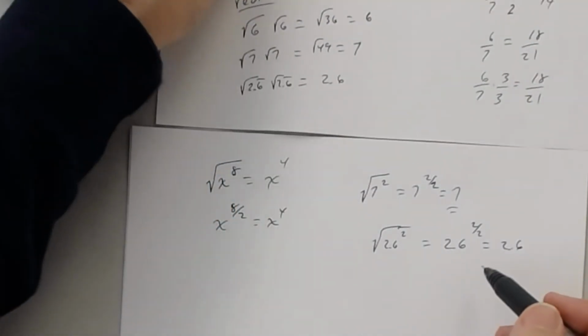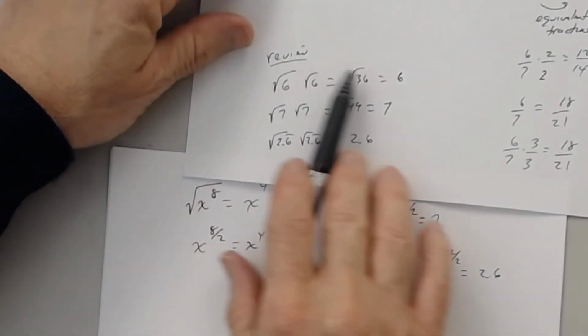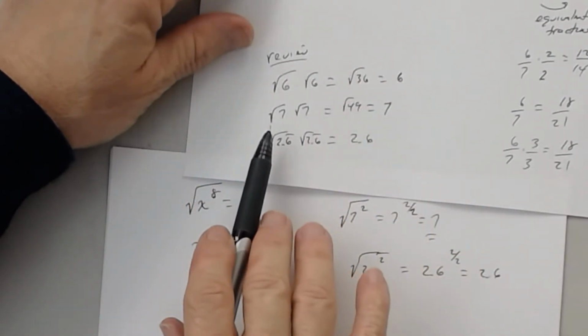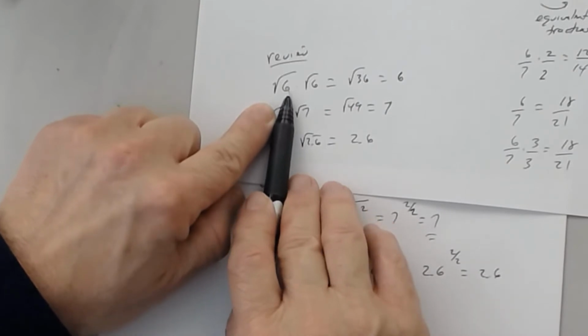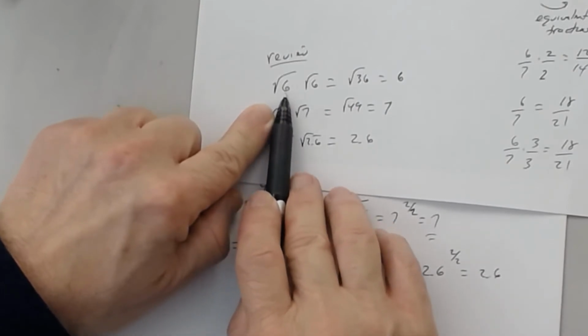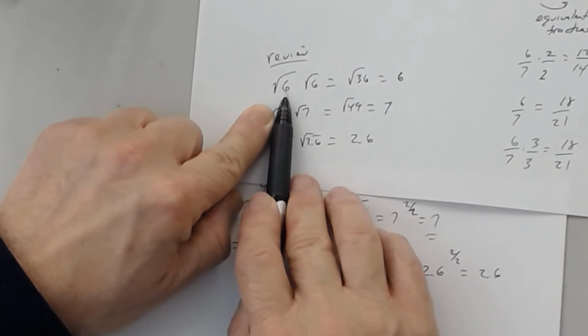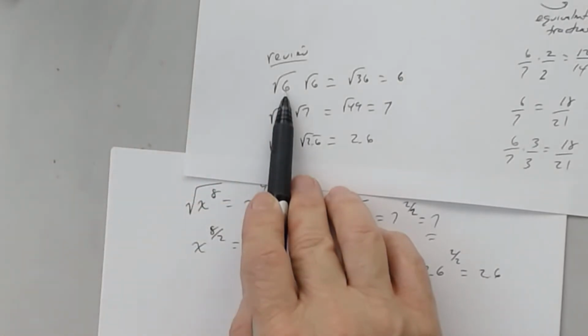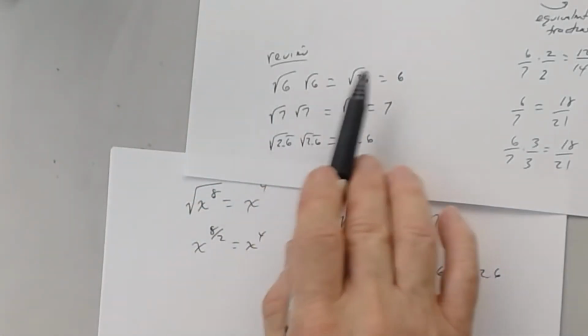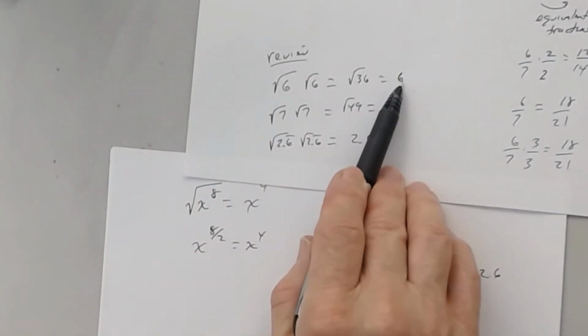Okay, now, based on what we just talked about, see this right here? Based on what we just talked about, the square root of 6, just the square root of 6, right here, is what kind of number? It's an irrational number. 6 is what kind of number? Rational.